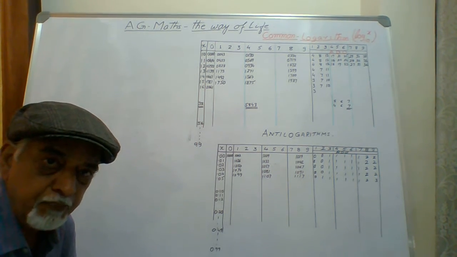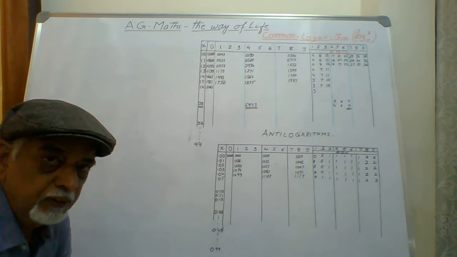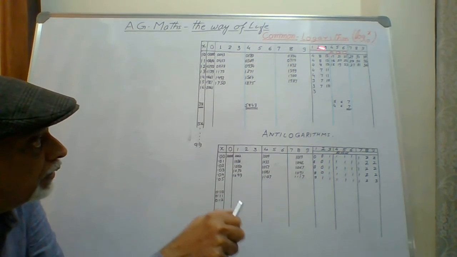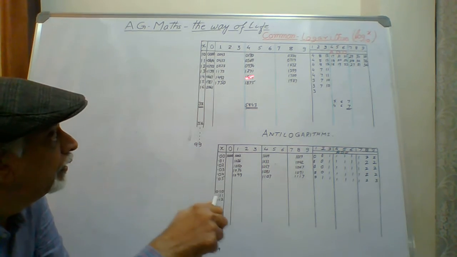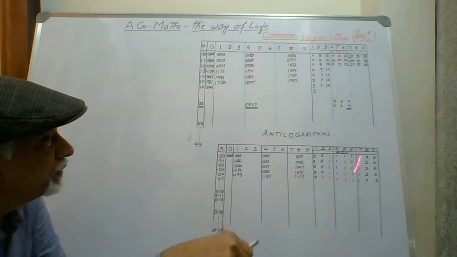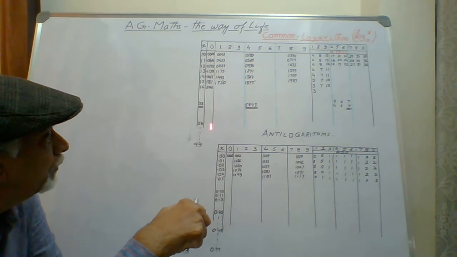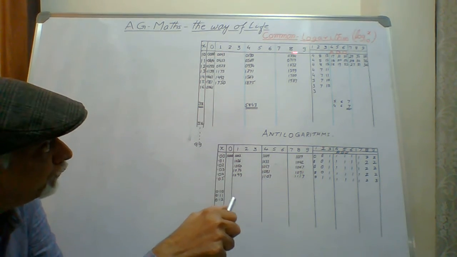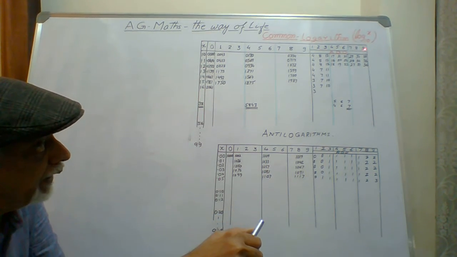I have displayed a part of the table here on my board, which I have copied here. The common logarithm is called log of x to the base 10, and there is a big chart. It starts from the x value column, then a 0 column, 1, 2, 3, 4 up to 9, and again a small column of 1, 2, 3, 4 up to 9.